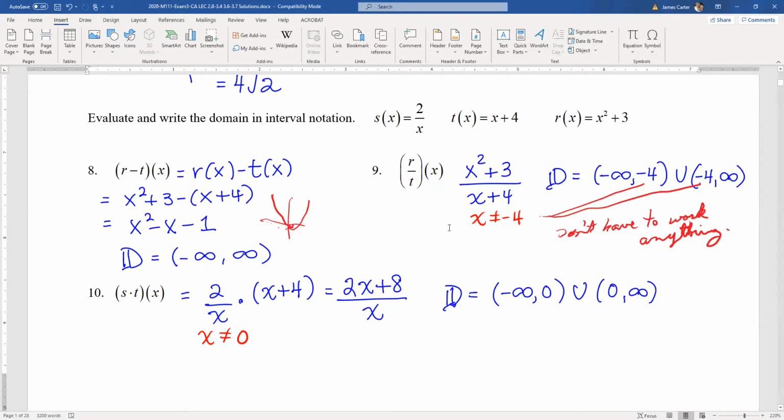So if we take r, x squared plus 3, and subtract t, x plus 4, okay, so we have the first one, r minus t. We distribute this negative and then combine like terms.